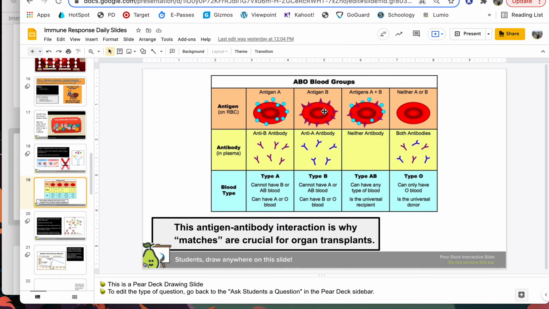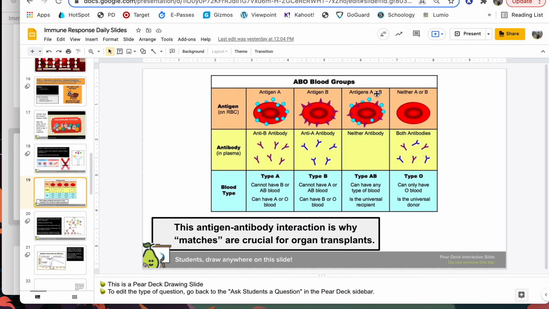If you're type B, you have type B antigens. AB has both and O has neither. So then what's going on in your blood is, you have actual antibodies that will fight the B antigens. See how the shape matches B? And so if you're type A blood and somebody gives you a blood transfusion of type B blood, your body will attack it and it will not be good.